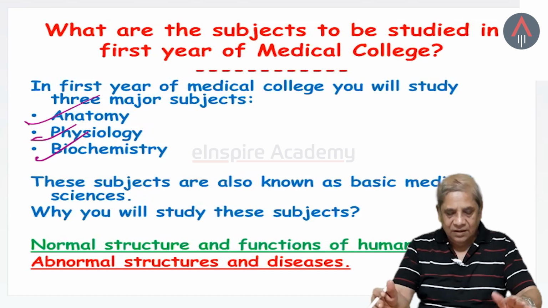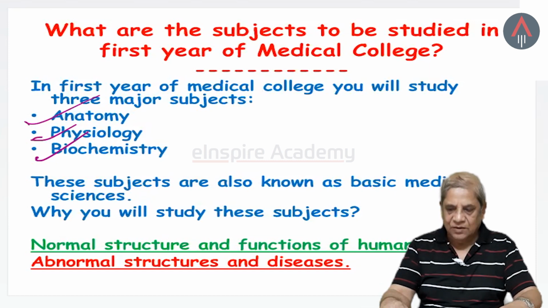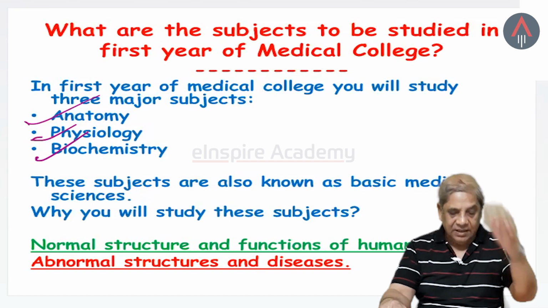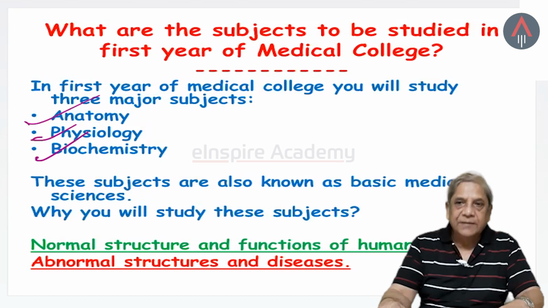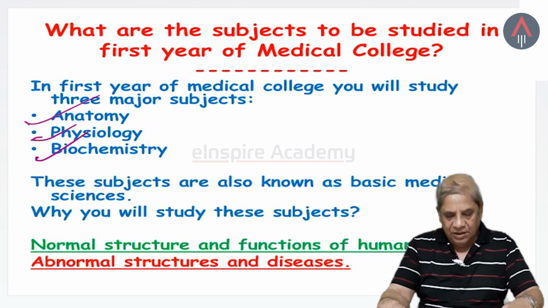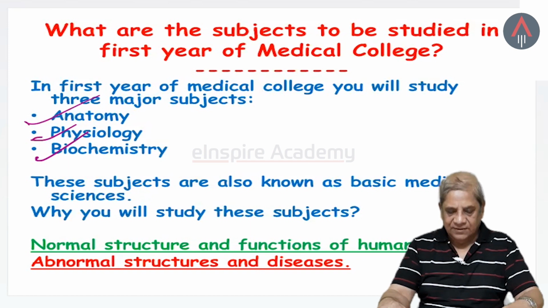In a similar way, there are many reactions which take place in the body with the help of hormones or enzymes. All these processes which ultimately function within the body will be learned in biochemistry.